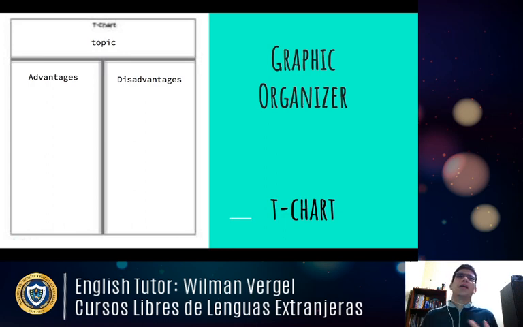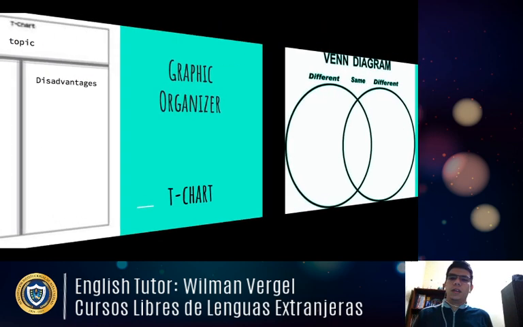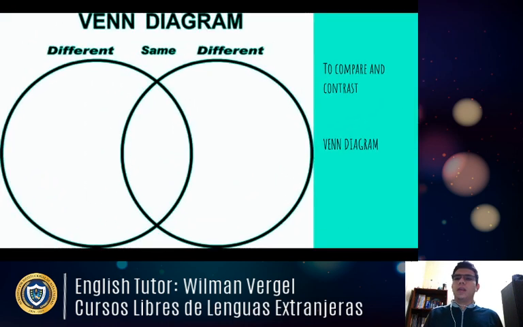It can be a mind map, a brainstorm, a T chart, or a Venn diagram, which is the other one that we're gonna see. This one here is the Venn diagram. We usually use it to compare and contrast, because as you can see here, we have differences here and similarities here.